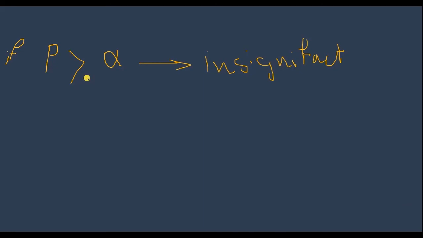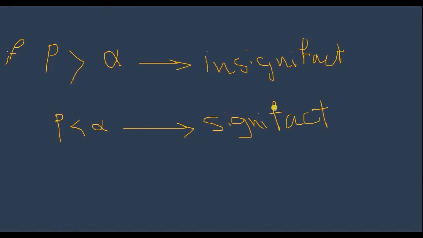But if the p-value is lower than alpha, then you could decide that there is a significant impact. Okay, so all we have to do now is to compare the p-value to the alpha in here, which is 5%. So let's get into it.